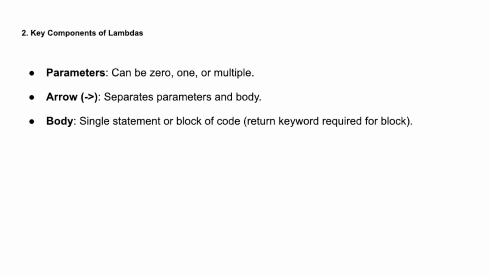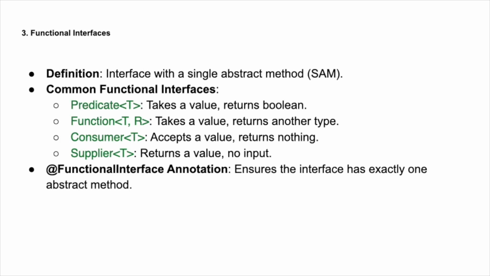So, how do Lambda fit into the rest of Java? Let's understand it in the next slide. Well, the Lambda expressions work hand in hand with functional interface. Now, what is functional interface?